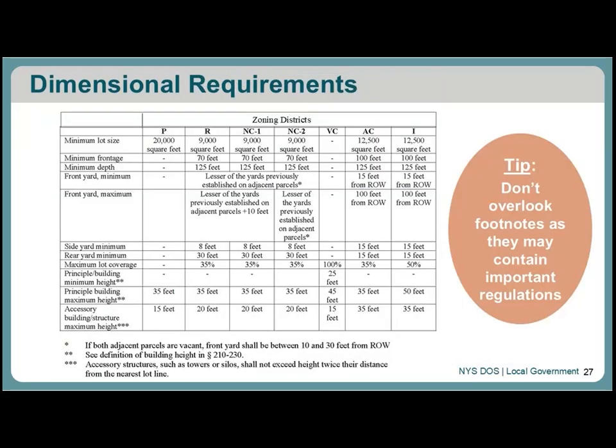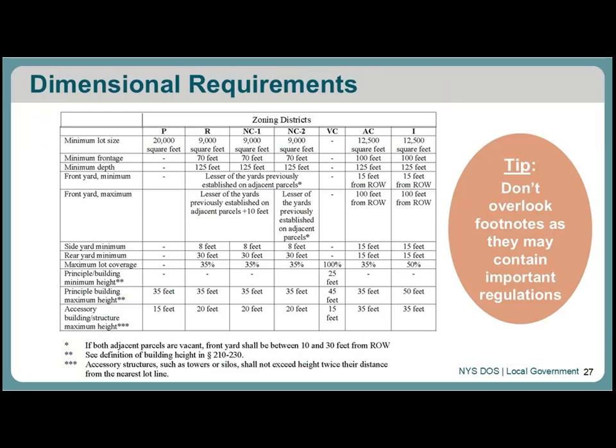And here's an example of a dimensional table. This is very common in zoning. In this case, we have the zoning districts across the top, and then all the different types of dimensional considerations across the left column. In this particular zoning, I think this is the village of Louville. They cover everything from minimum lot size and minimum frontage.